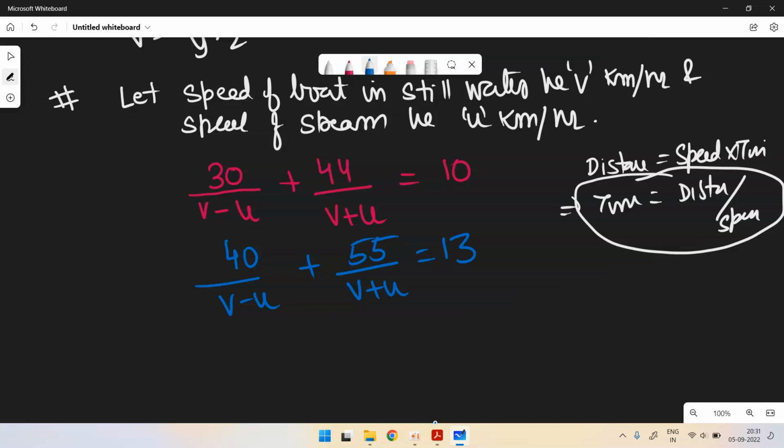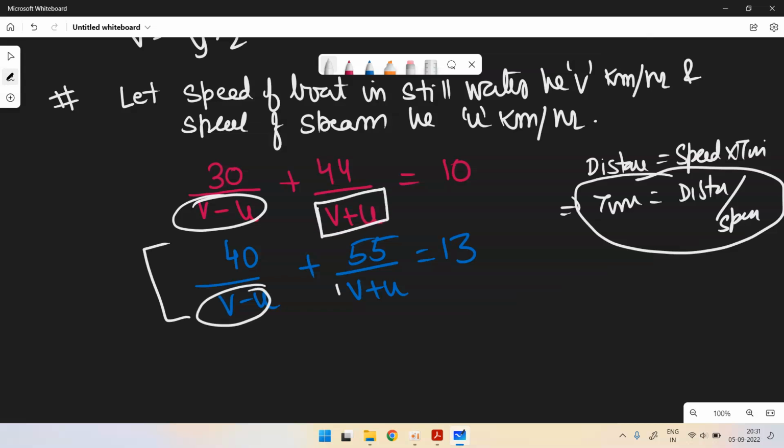If you see, this is again not a linear equation, but it can be reduced because you can see that the denominators are the same in both, so you can reduce this to a pair of linear equations.